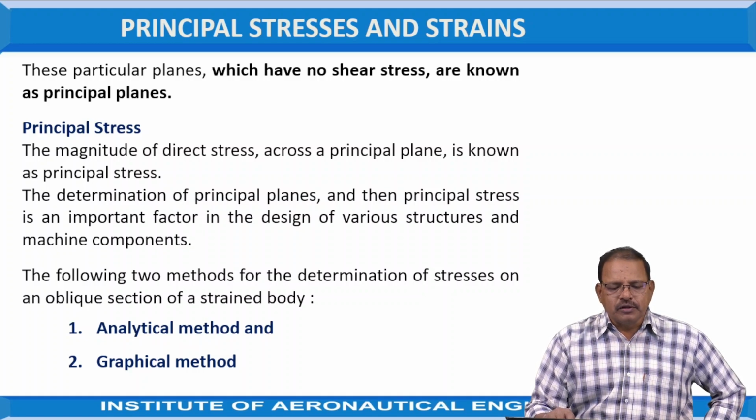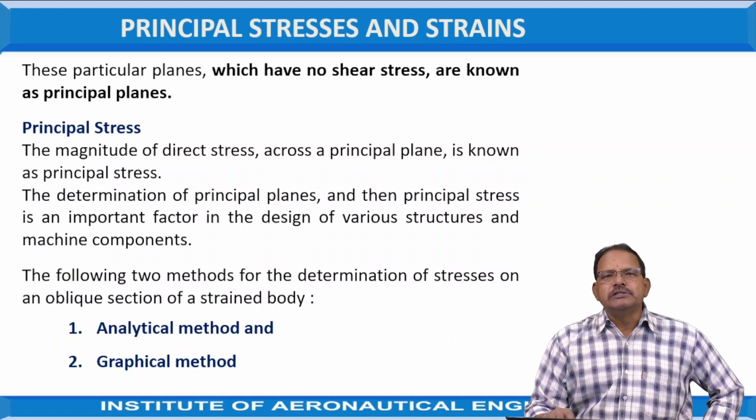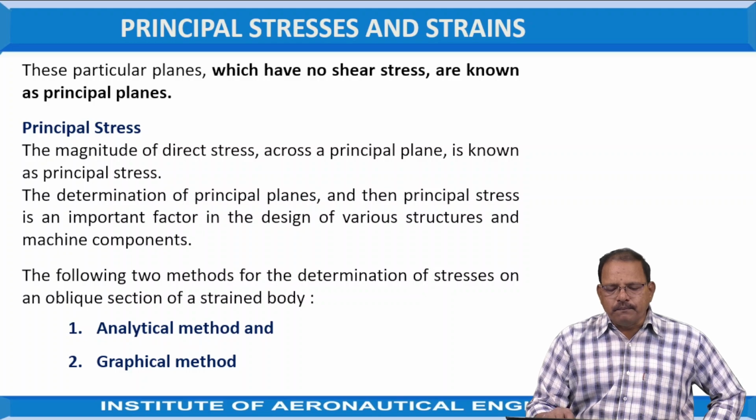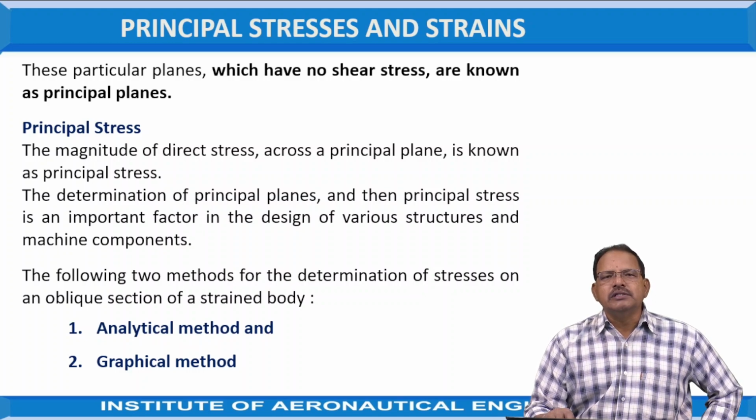Principal stresses. The magnitude of the direct stress across the principal plane is known as the principal stress. Here the direct stress may be tensile or compressive in nature. The determination of principal planes as well as principal stresses is important in the design of various structures as well as machine components.